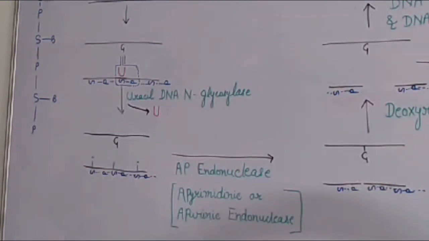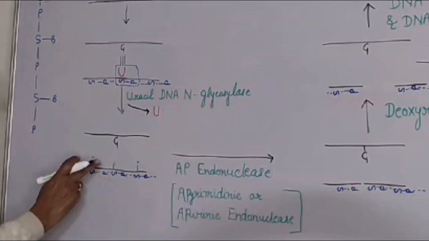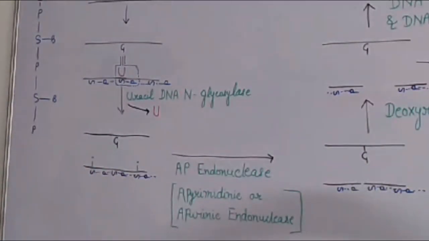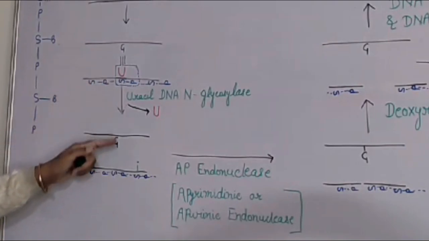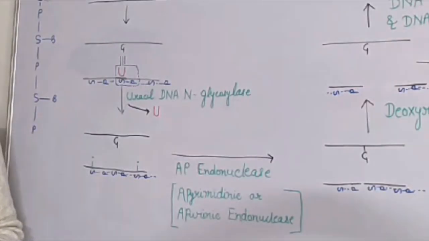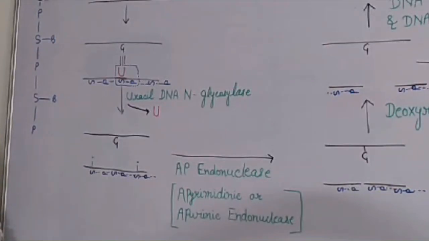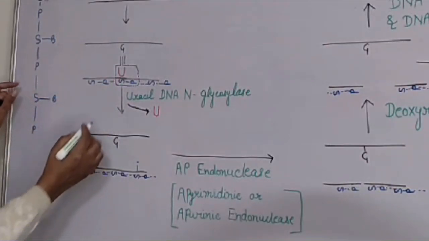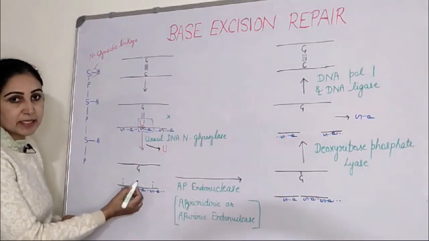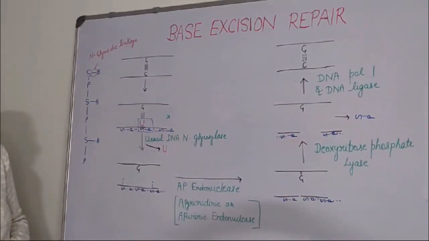In this way, we now have this site as the A-pyrimidinic site in the present example, or we can get an A-purinic site, depending upon whether a purine or pyrimidine base has been removed. Suppose the wrong base was a purine, then we will say this site is an A-purinic site.